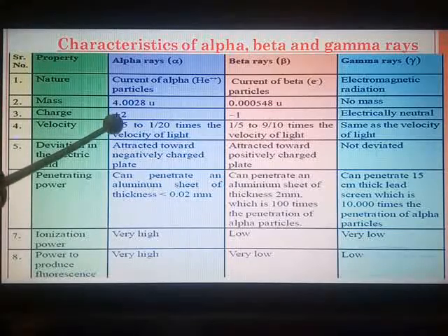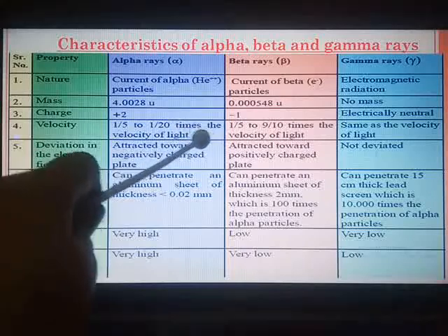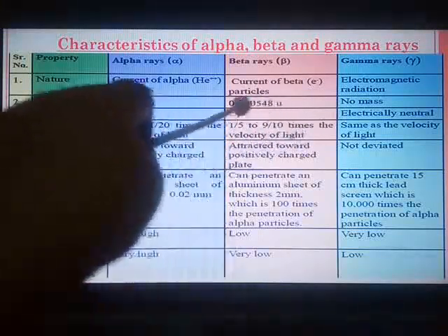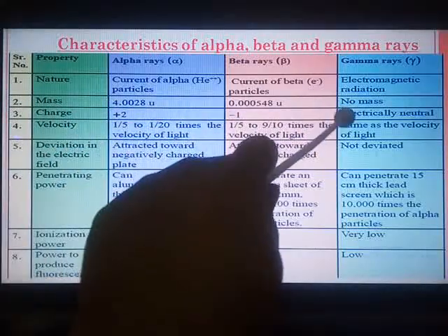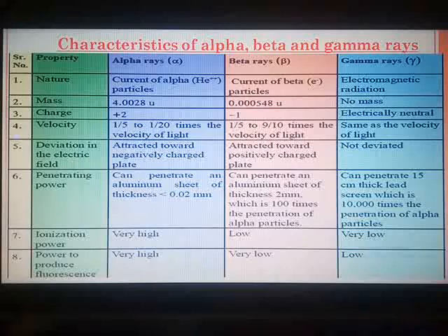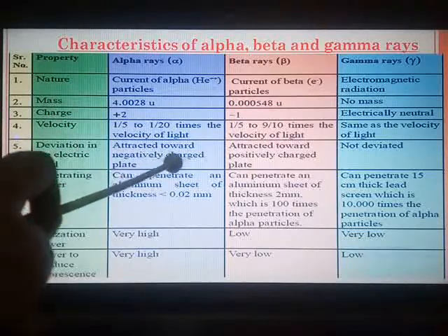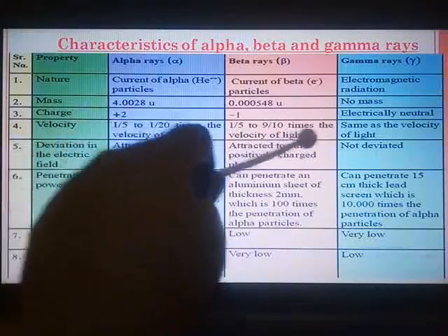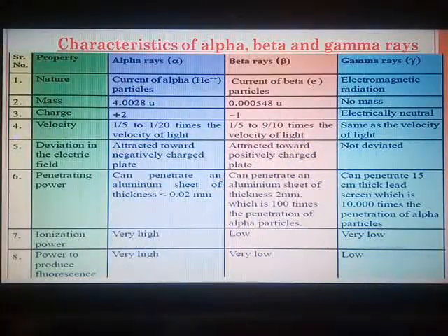Velocity: 1/10 to 1/20 times the velocity of light for alpha, 1/10 to 9/10 times the velocity of light for beta, but the gamma rays' velocity is the same as the velocity of light because light is also an electromagnetic radiation. About deviation, I don't have to tell you. Alpha rays are attracted towards the negatively charged plate, beta rays towards the positively charged plate, and gamma rays show no deviation at all. Penetrating power.